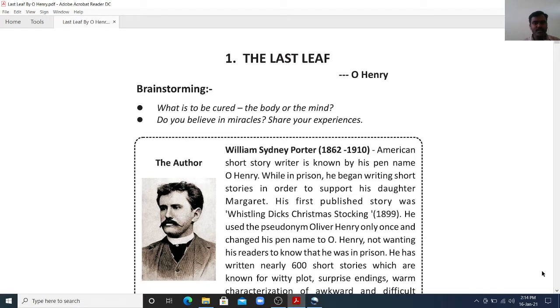It is set in Greenwich Village of New York City, and importantly, pneumonia is characterized as a strange visitor to the neighborhood of Greenwich Village. Let us continue.